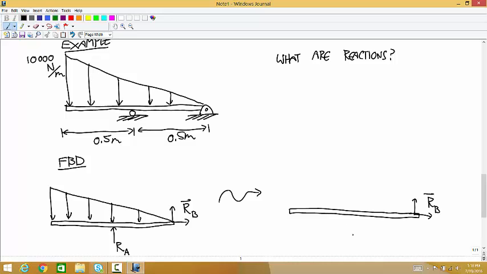RB, RA. The total force is the area, so this triangular shape has a length of 1 meter, a height of 10,000. So 1 times 10,000 divided by 2. So we have a total force of 5,000.